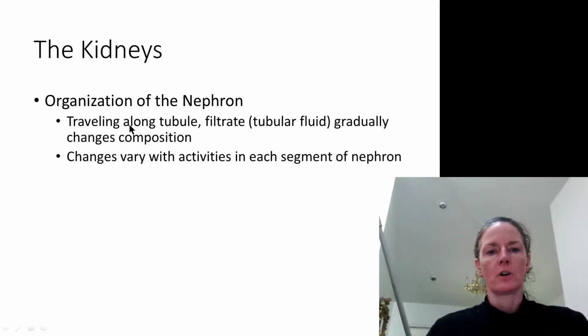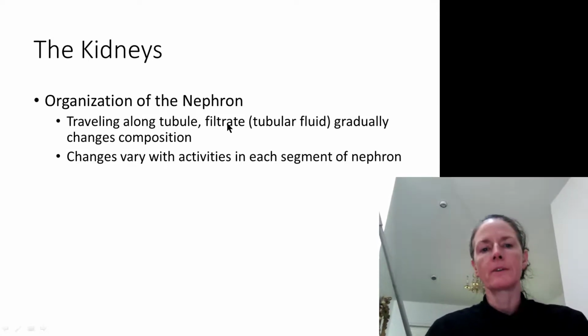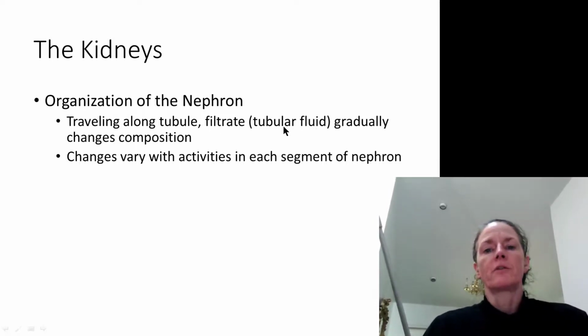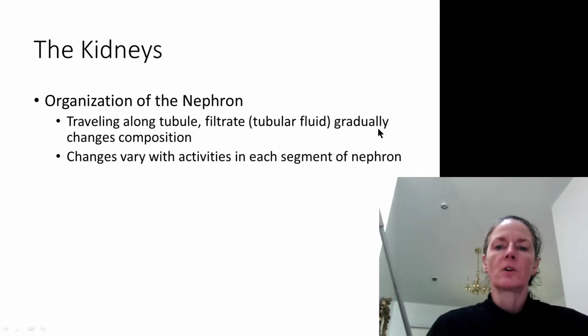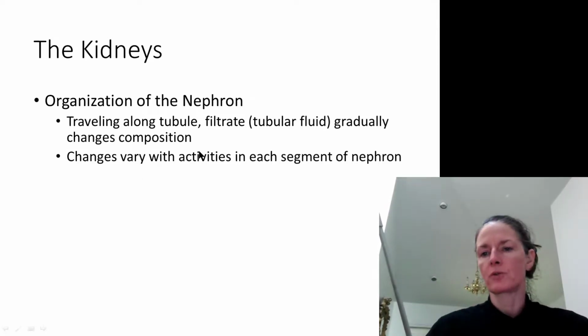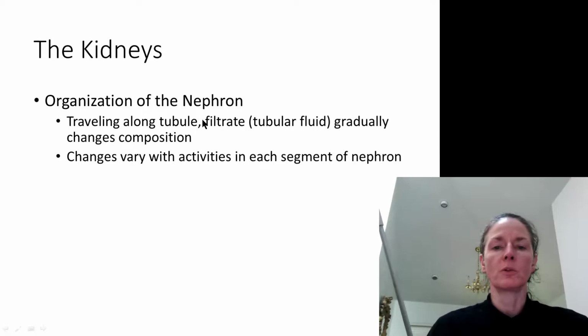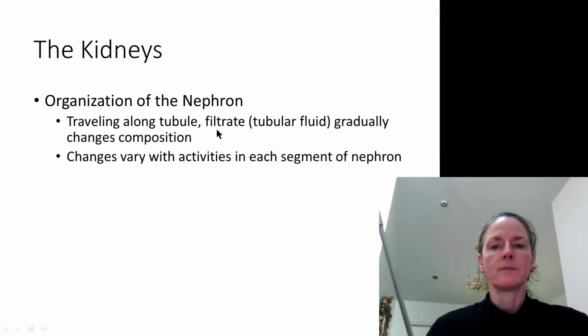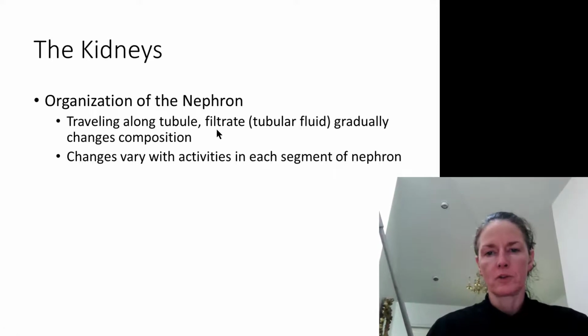All right, so we can see that the filtrate, that is the stuff that we filter from the glomerulus, is going to become our tubular fluid. And it's going to change composition as it goes through the rest of the nephron: the proximal convoluted tubule, the loop of Henle, and the distal convoluted tubule.